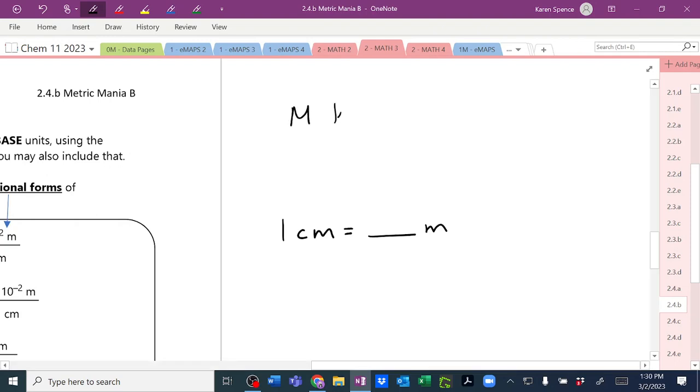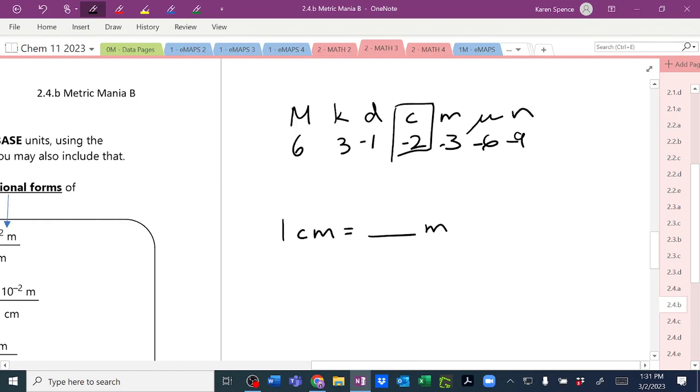Mega, kilo, deci, centi, milli, micro, nano, 6, 3, 1, 2, 3, 6, 9 is for the nano, and all these ones are negative except for the first 2. And so centi is 10 to the negative 2. So 1 centimeter is equal to 10 to the negative 2 meters.